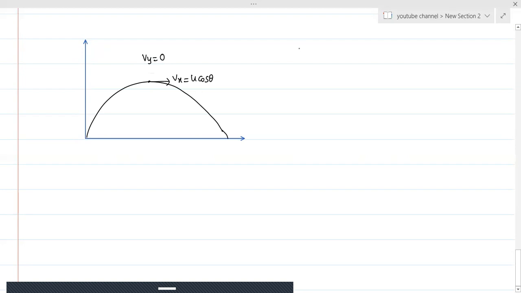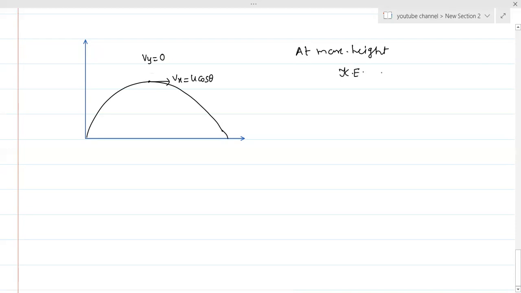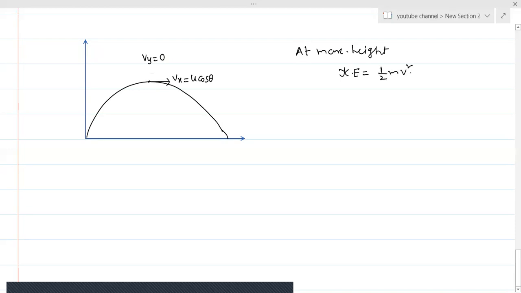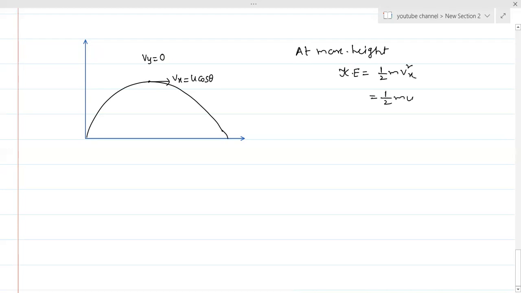So at maximum height, the kinetic energy is half m into Vx square, which is half m u square cos square theta.